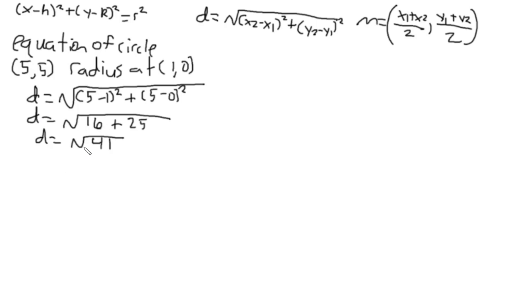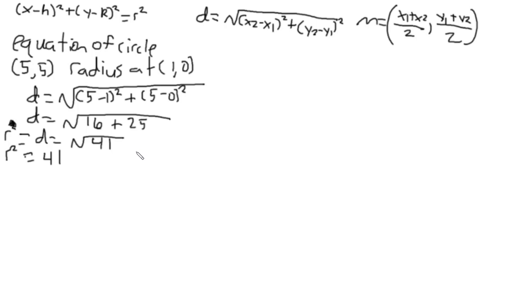And this d is the radius. So this equals r. But for our equation, we need to know what r squared equals, which will be 41.